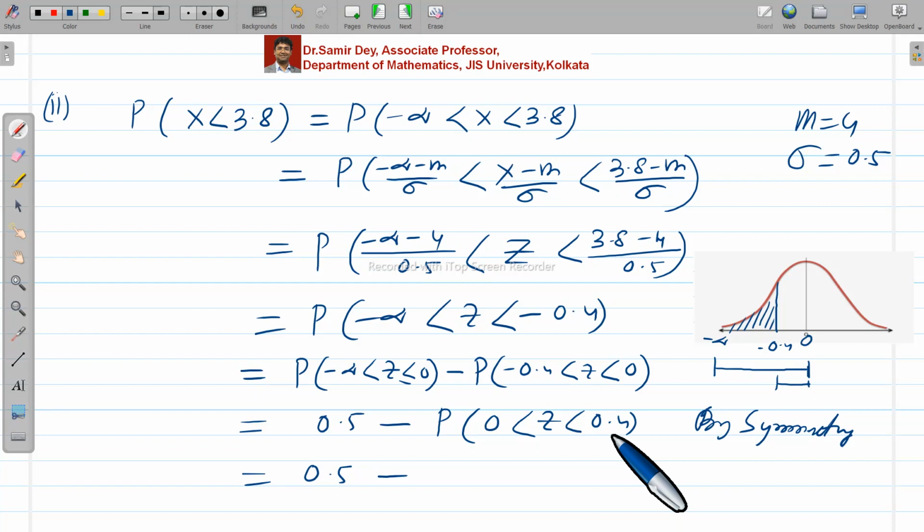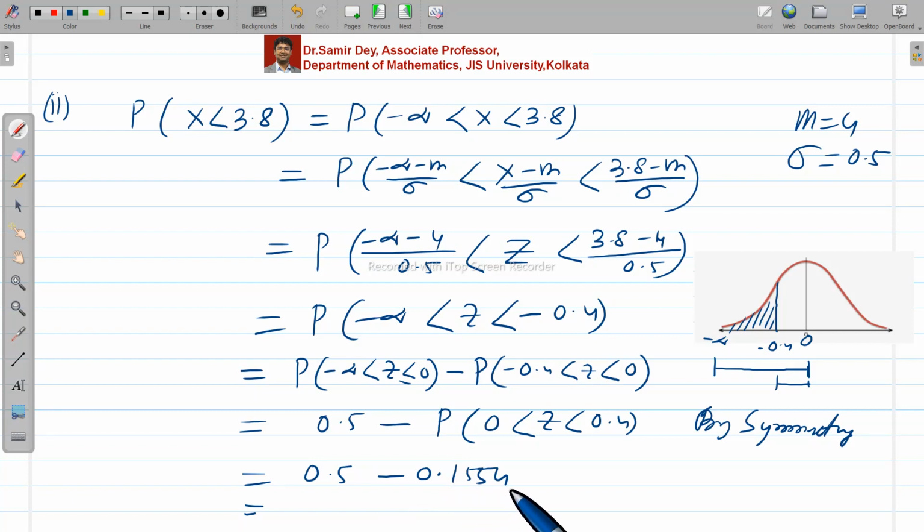Anyone from the given information, please write in chat box what is the given value. Your given value for 0 to 0.4 is 0.1554. So now you subtract that value from 0.5.